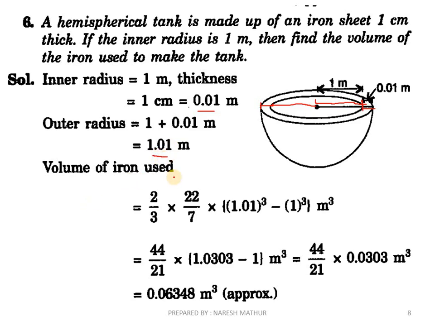Now the volume of iron would be what? 2/3 pi r cube minus 2/3 pi r2 cube, which means the inner volume will be subtracted from the outer volume. So we can take 2/3 pi common. It would be r1 cube minus r2 cube, where r1 is 1.01 and r2 is 1 meter.